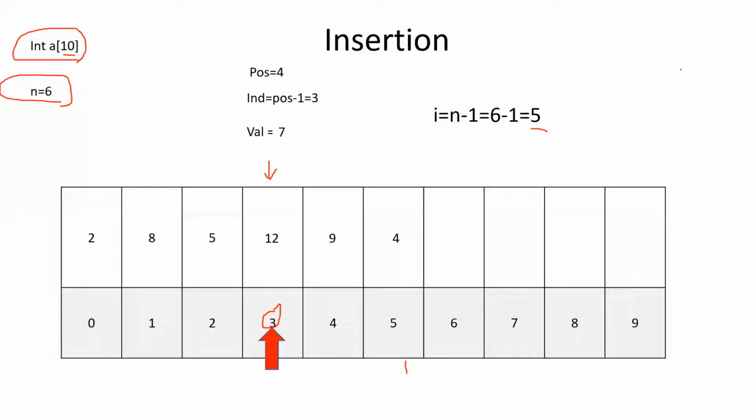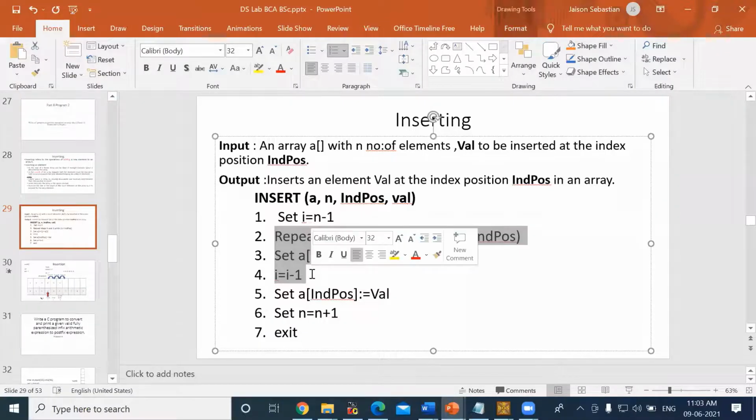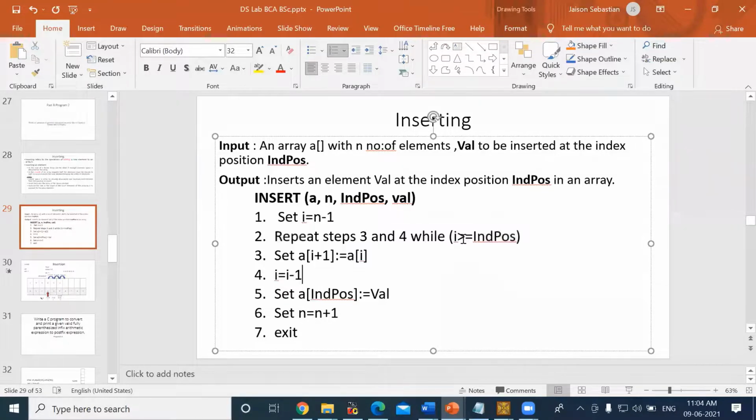What is the next step which I had given after setting I value? While. I was asking for this step which we have to repeat until the condition given in the while bracket.